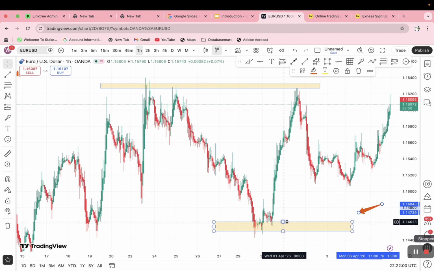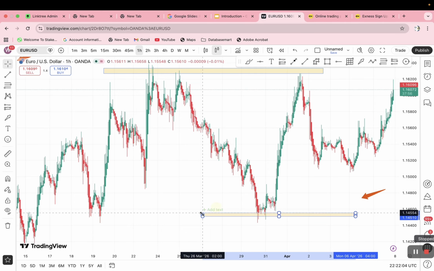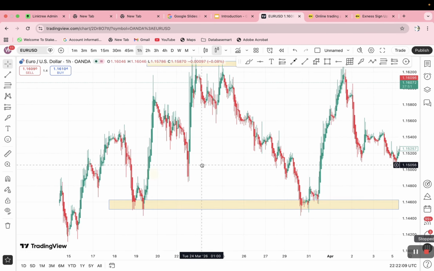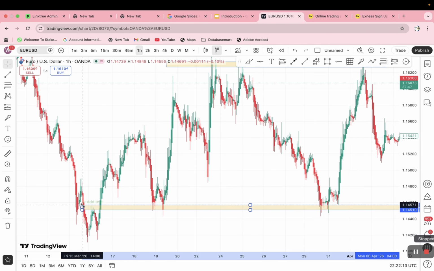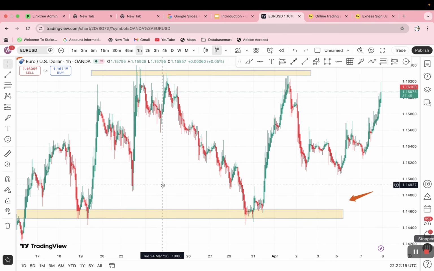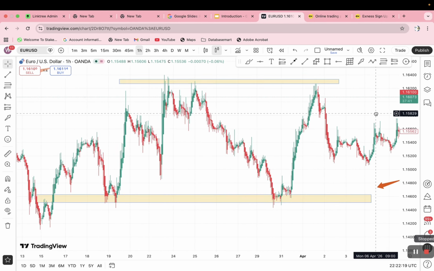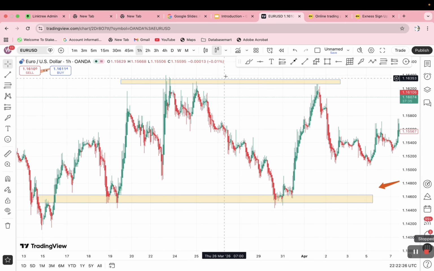Let's say you have already marked the key level. You saw the market respects this level multiple times, and you draw your zone. Let's say you have already confirmed that the market is going to respect this level. You can see the market comes here, the market spikes up from this level.